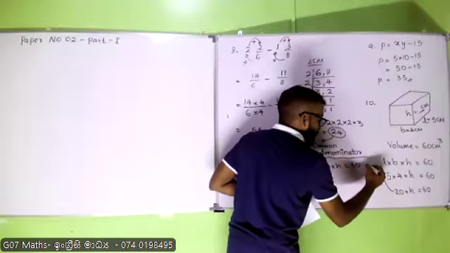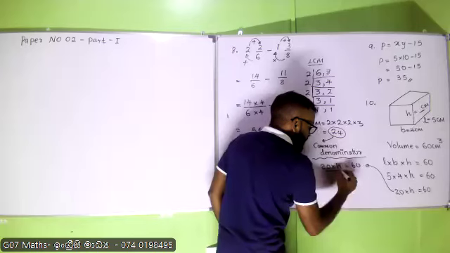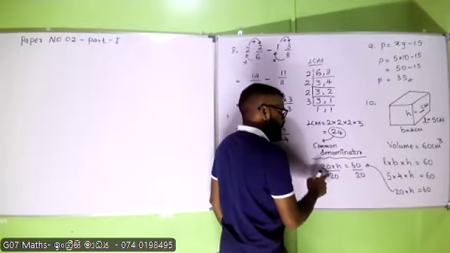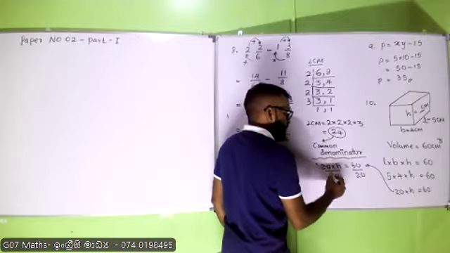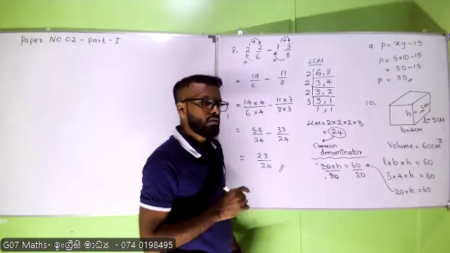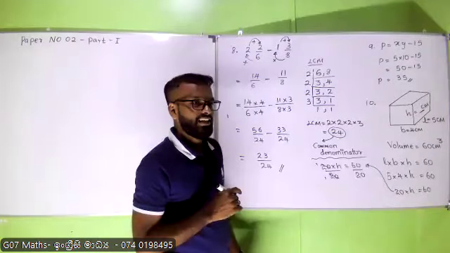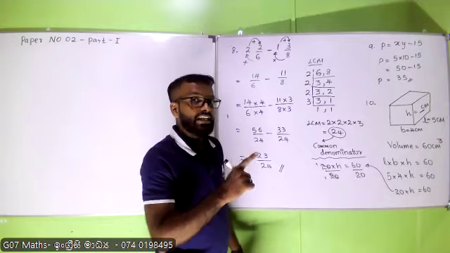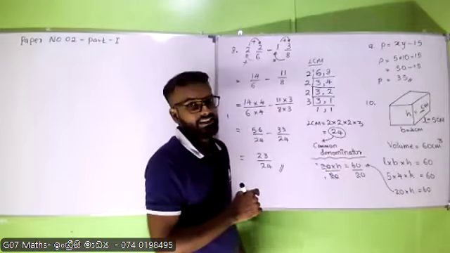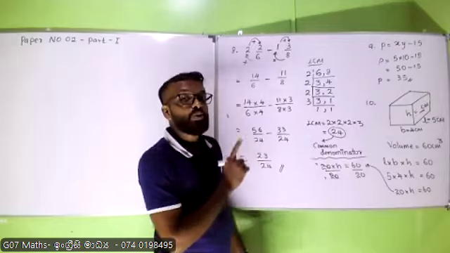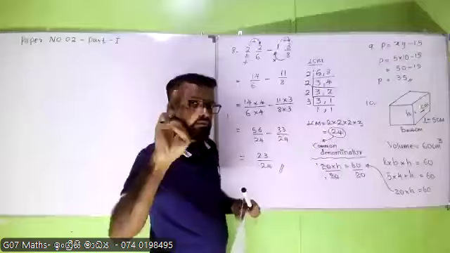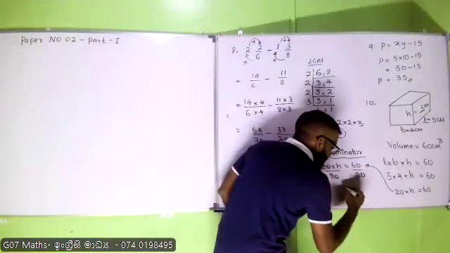Same step, so I am going to divide this side by 20 and this side by 20. 20 divided by 20 is 1, so 1 times H. 60 divided by 20 means how many 20s are there in 60? 3. So H equals 3.